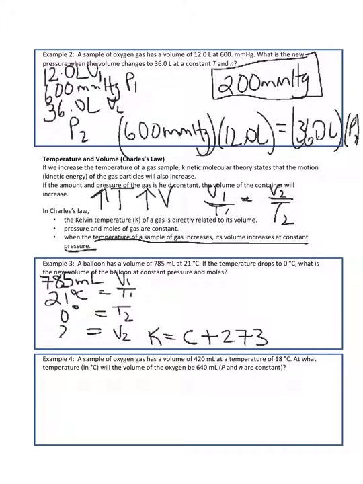So let's rewrite our equation, this time putting in the Kelvin numbers. So we have 785 divided by, well, let's see here, 21 plus 273 should give us 294 Kelvin. This was milliliters. Keep track of our units.